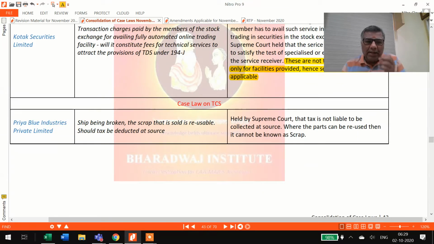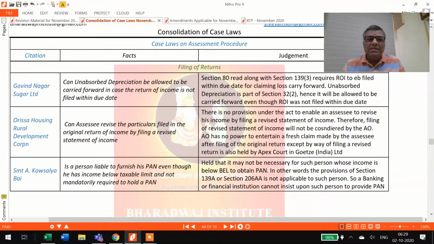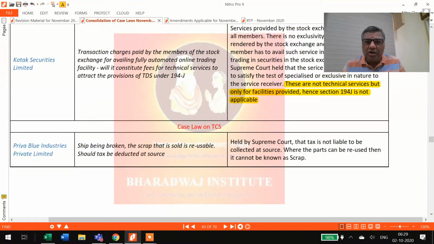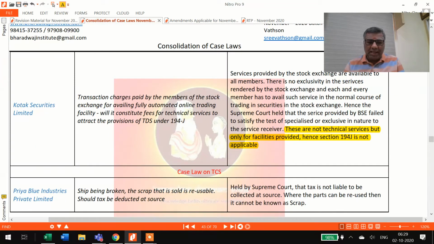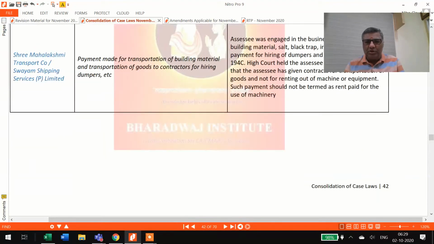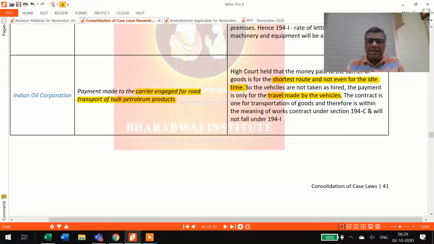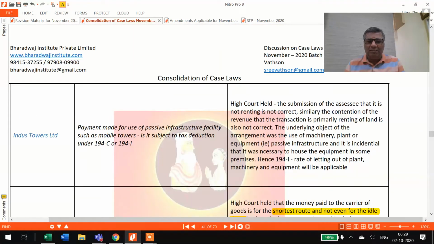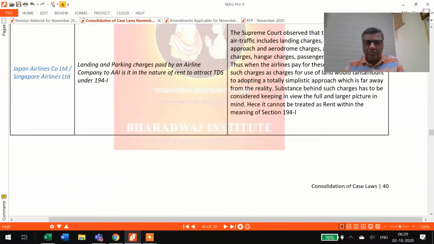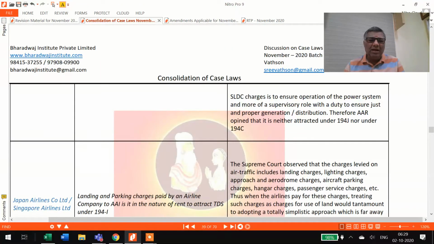The case law on TCS: scrap means that which is not reusable. Amongst the case laws, I have asked you to remember Kotak Mahindra Securities because it is not yet tested big time. IOC and the other one, please remember these, Japan Airlines.